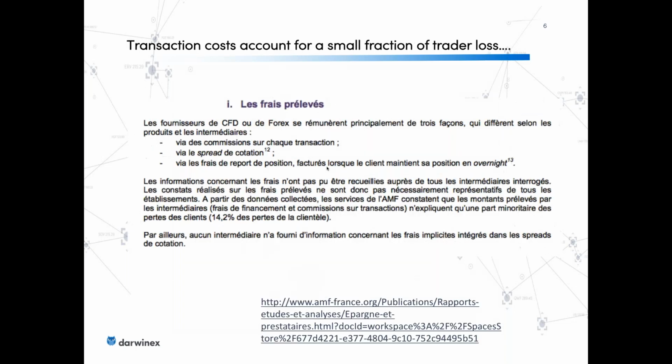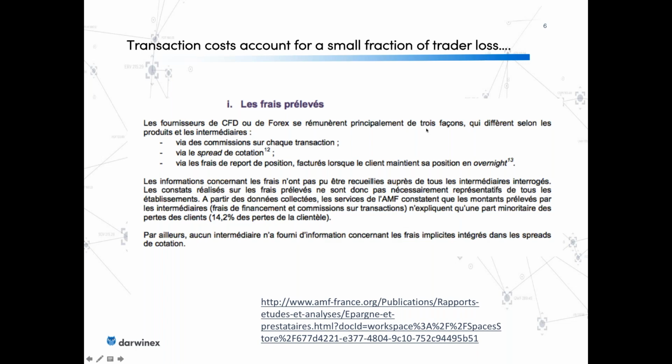And this is far from a theoretical thing. This has practical implications. So what you've got here is a slide from a very interesting study done by the Autorité des Marchés Financiers, which is the French FCA, which took a large enough sample of CFD traders and basically found out what most of you already know, that the majority of traders lose.